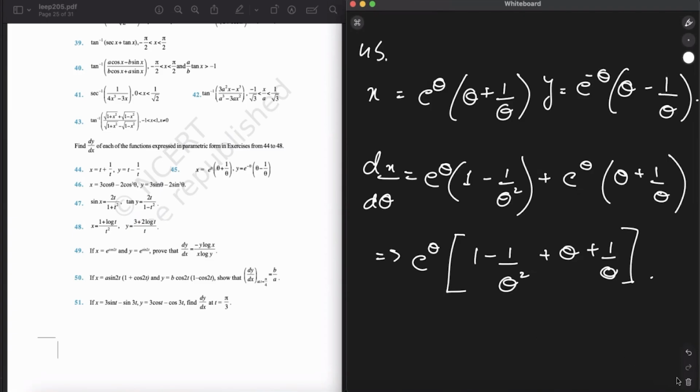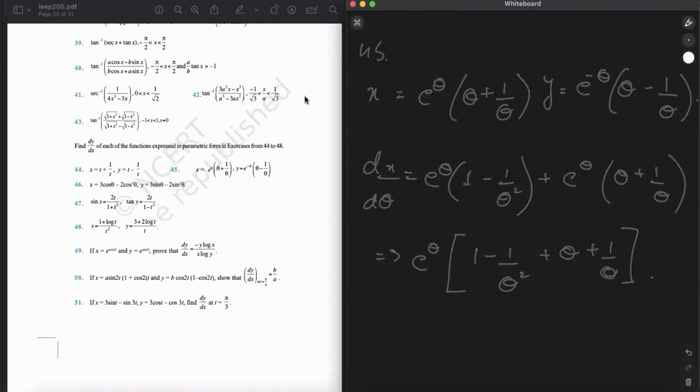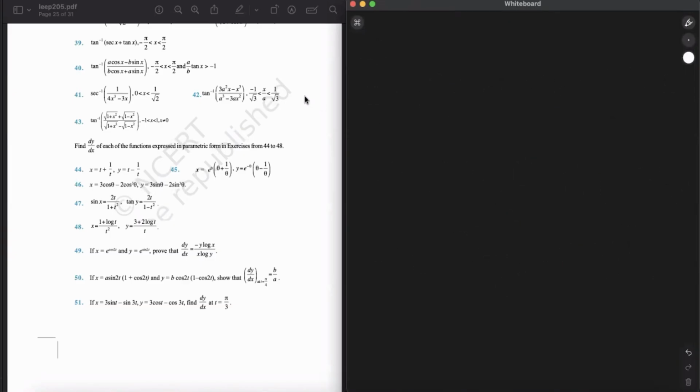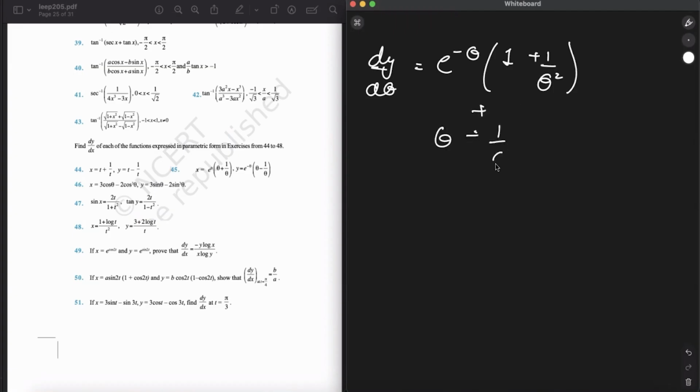And now for dy by dx, first for dy upon d theta. I'll keep this as constant, and differentiating inside, I'll be left with plus 1 upon theta square, and then I'll keep this part as constant, theta minus 1 upon theta, and minus e raised to the power of minus theta.